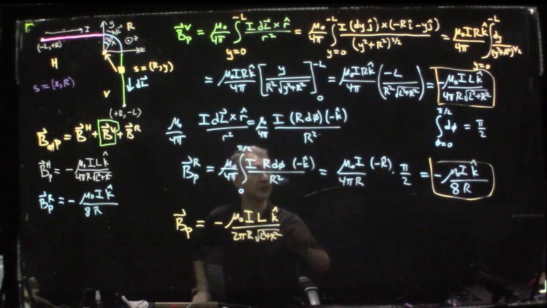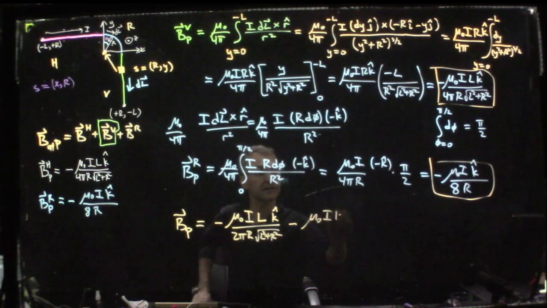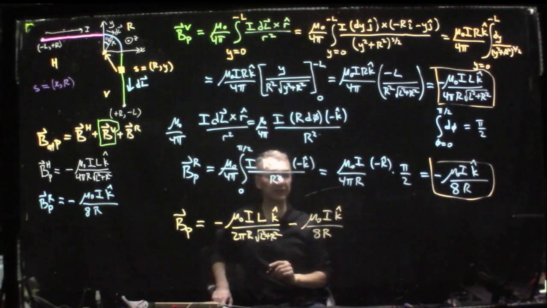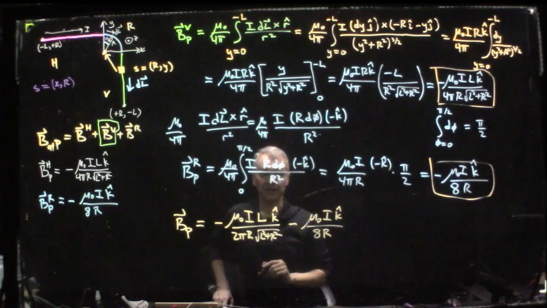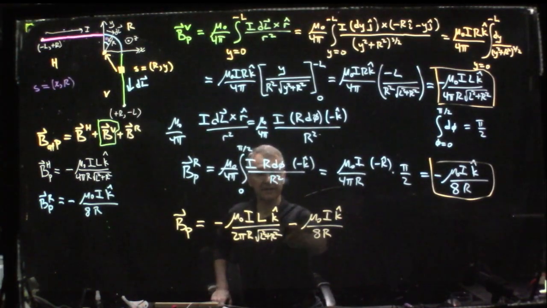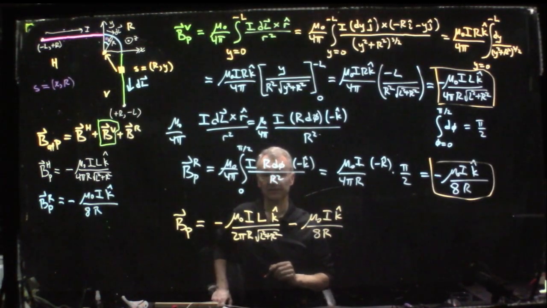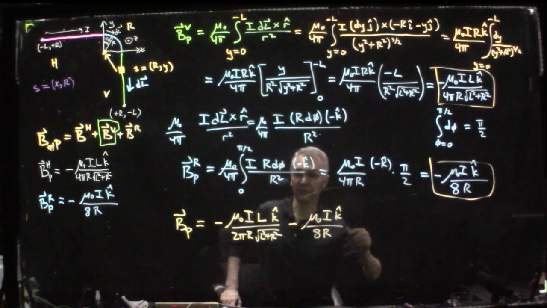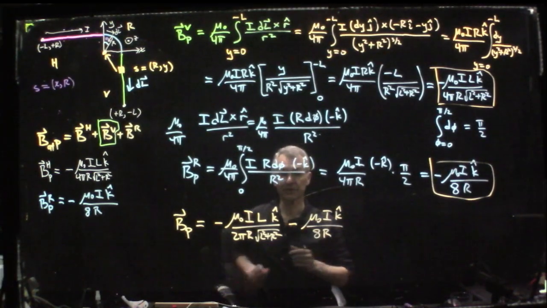And then there's this other term, minus mu naught I k hat over 8r. And if you want to, you can factor it, because mu naught I k hat over r, for instance, is a common factor.